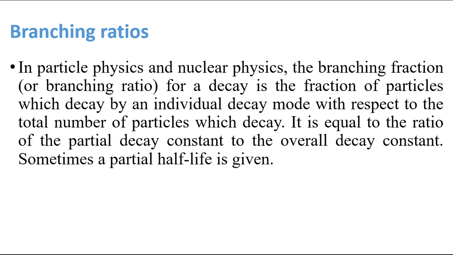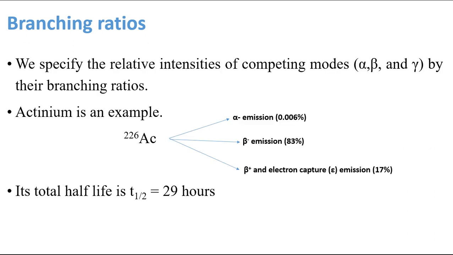So we have the overall half-life, and we also have partial half-lives for each decay mode in these kinds of samples. So we specify the relative intensity of competing modes such as alpha, beta and gamma in the samples by branching ratios.